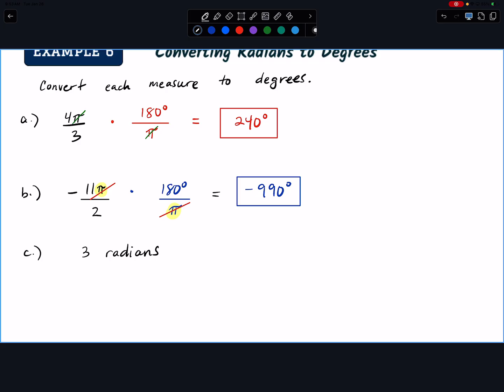Okay, so just because it doesn't have a pi, that's okay. If I want to convert it to degrees, I'm going to take the same value and multiply it by 180 over pi. So this is the same thing as 3 over 1. 3 times 180 degrees is 540 degrees. 1 times pi is just pi.